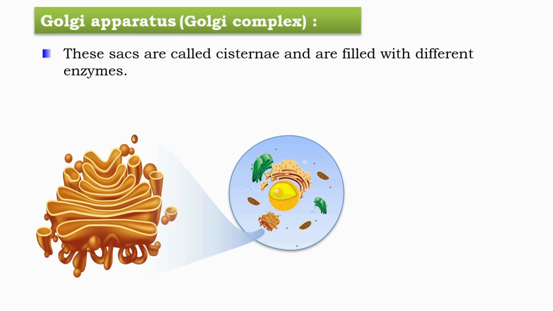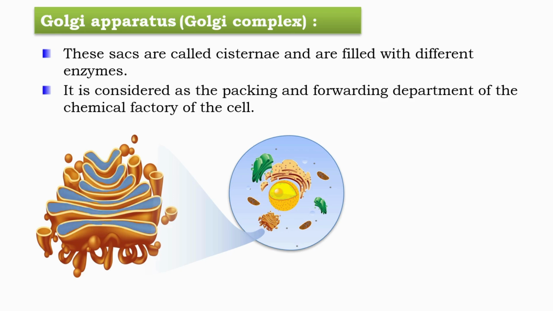Their sacs are called cisternae and are filled with different enzymes. It is considered as the packing and forwarding department of the chemical factory of the cell.